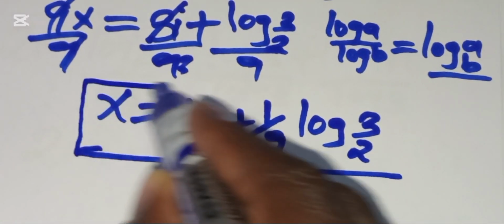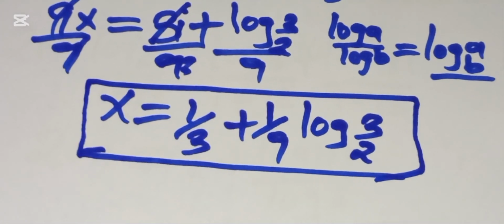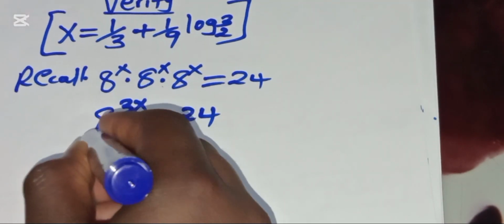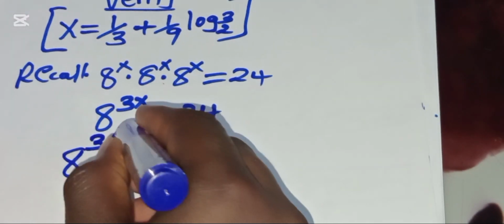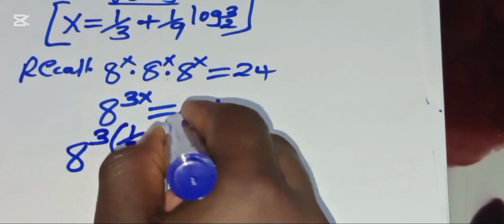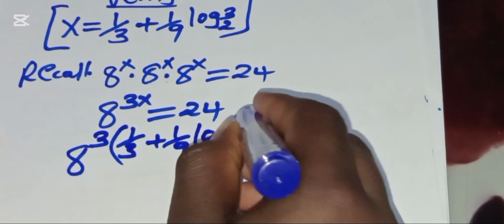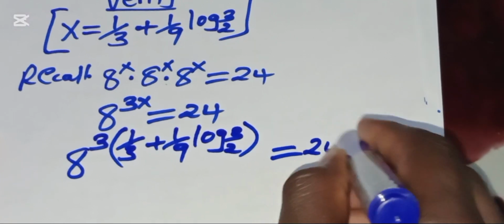Okay, so let's verify if this value of x satisfies the equation. Let's substitute the value of x as follows. We have 8 raised to power 3 into the bracket, a third plus 1 over 9 log 3 to base 2. This is supposed to give us a value of 24.